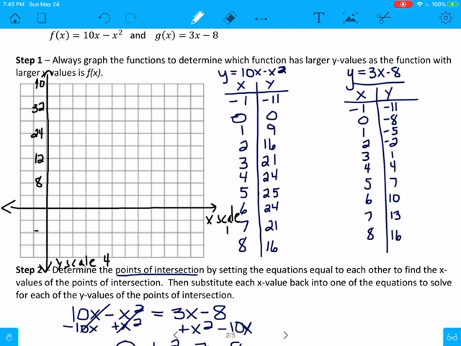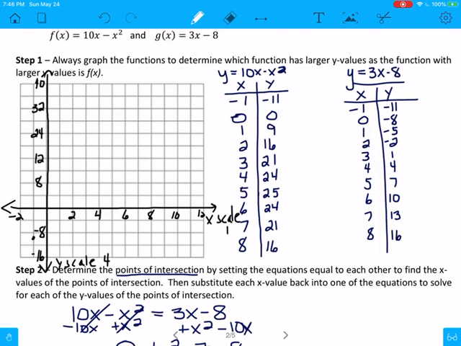And then I get negative 8 and negative 16. And then these are all 1. So I'm just going to go 2, 4, 6, 8, 10, 12, and then negative 2. All right. So we have negative 1 and negative 11.